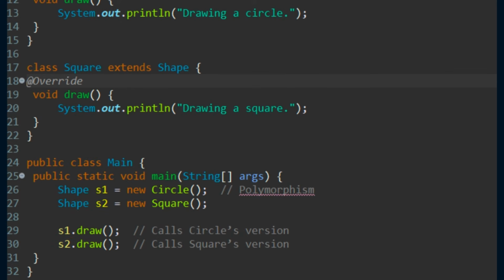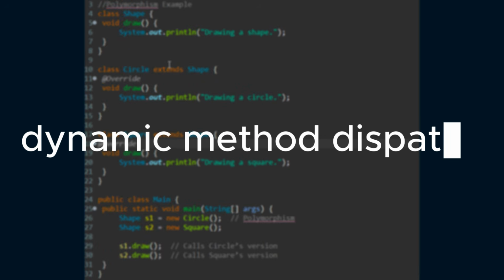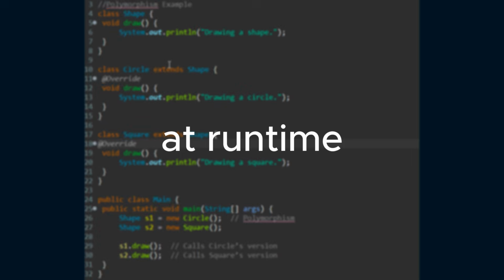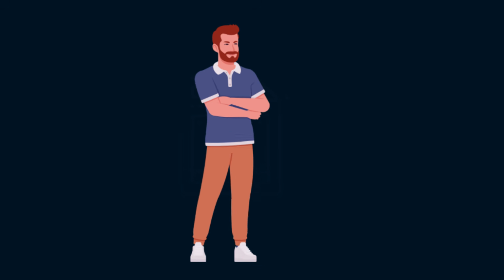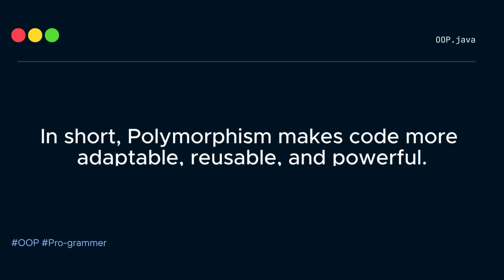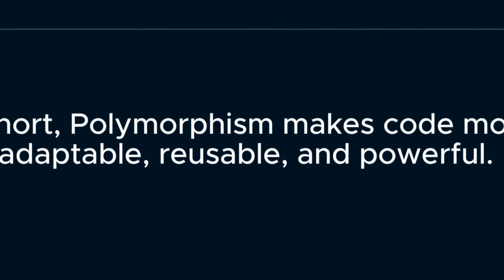One draws a circle, another draws a square. This shows dynamic method dispatch, where Java decides at runtime which method to call. The main advantage of polymorphism is flexibility. It allows us to write more general code while still supporting specific behaviors. In short, polymorphism makes code more adaptable, reusable, and powerful.